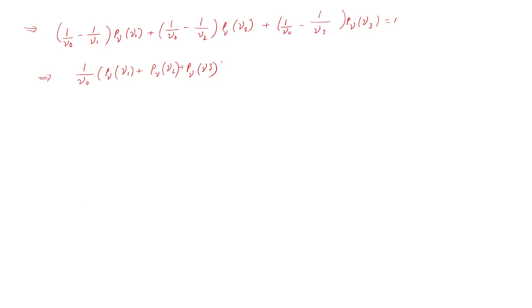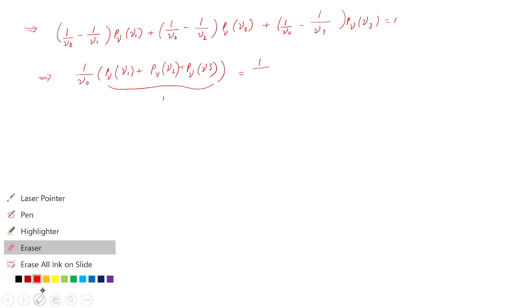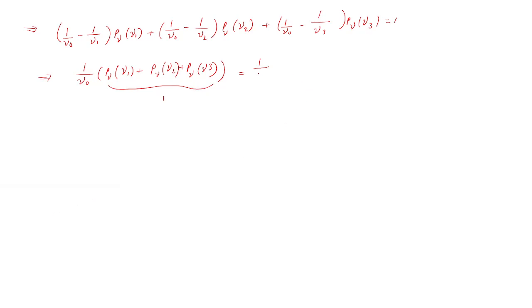This is nothing but the probability distribution. This summation should go to 1, and on the other hand you have 1 over gamma 1 times p of gamma 1 plus 1 over gamma 2 times p of gamma 2 plus 1 over gamma 3 times p of gamma 3.